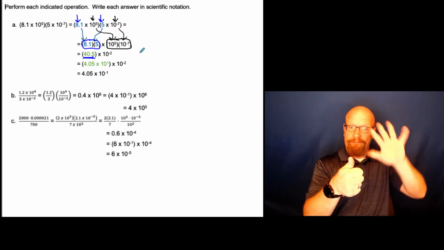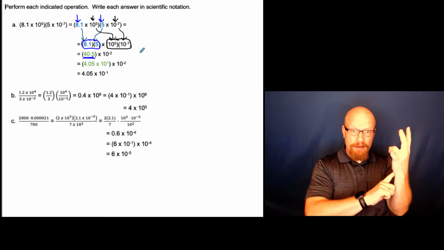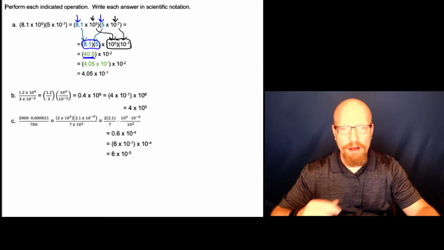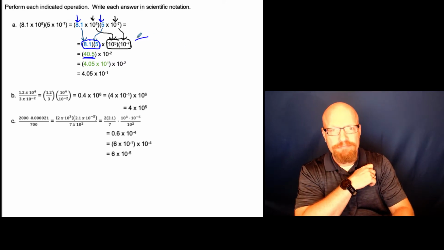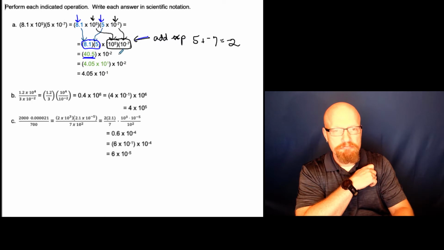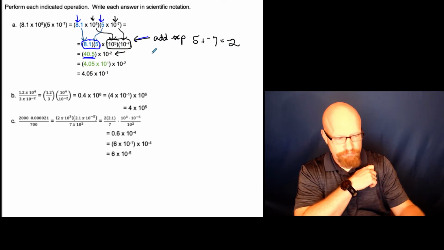Now, 10 to the 5th times 10 to the negative 7th. What's the rule for multiplying like bases with exponents? Okay?